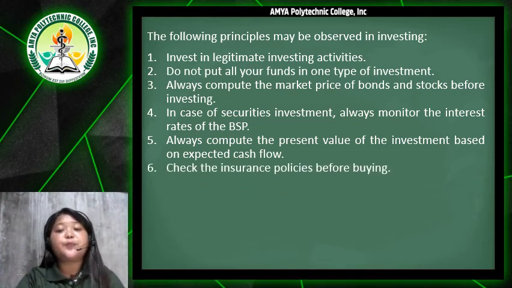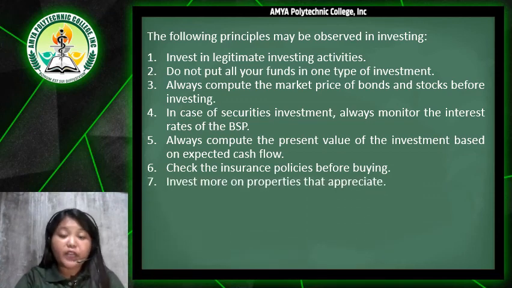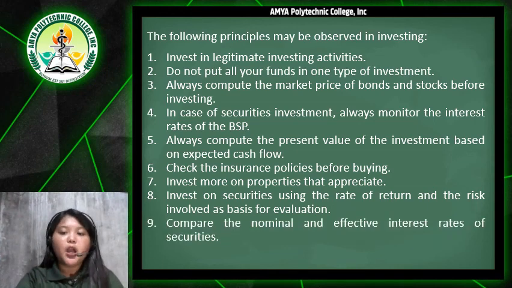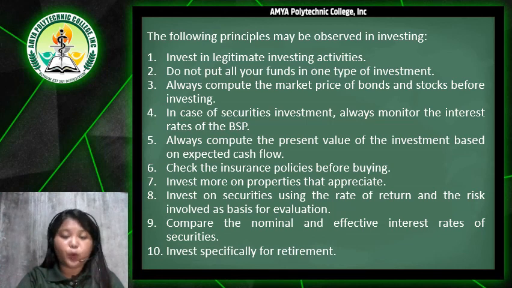Check the insurance policies before buying. Invest more in properties that appreciate. Invest in securities using the rate of return and the risk involved as basis of evaluation. Compare the nominal and effective interest rates of securities and, of course, invest specifically for retirement.